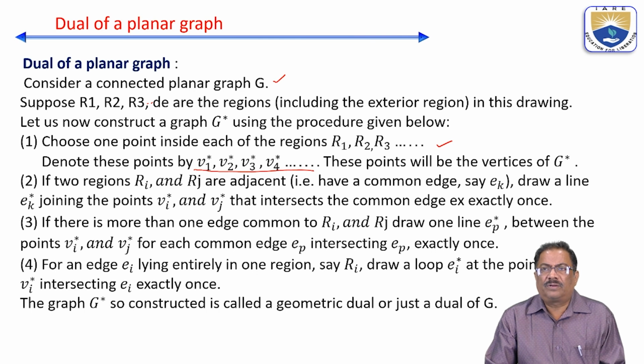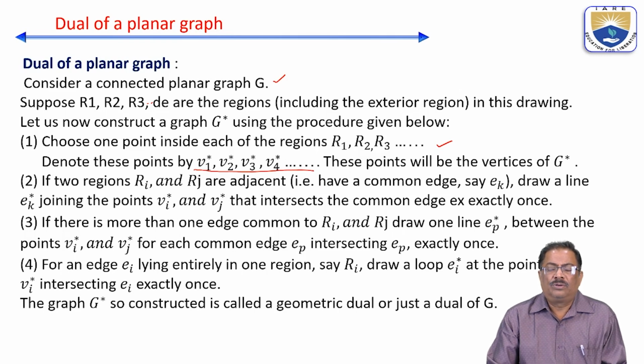Whatever the number of regions in the planar graph, while we construct its dual, the number of regions is the number of vertices in the dual. Now the number of vertices is done.